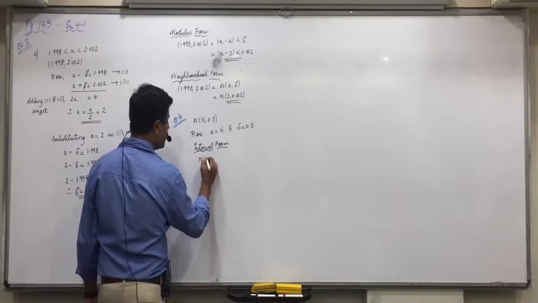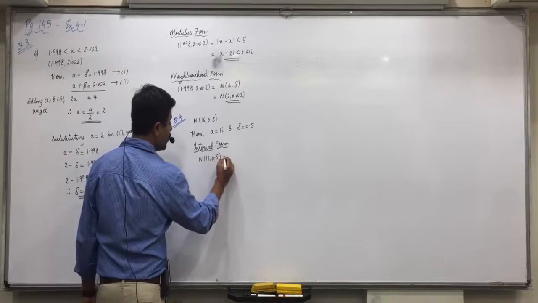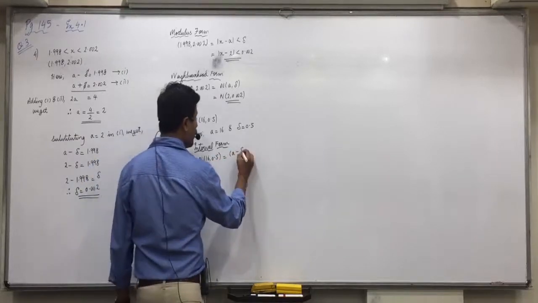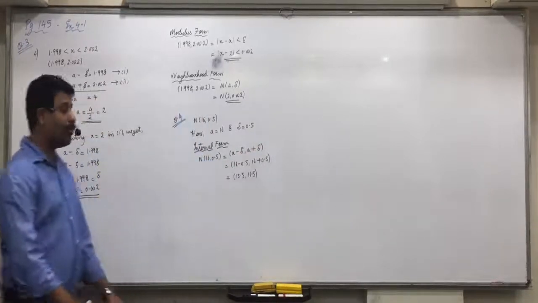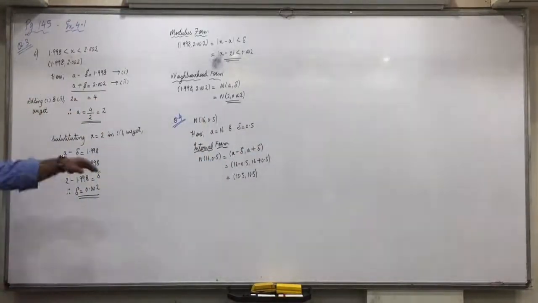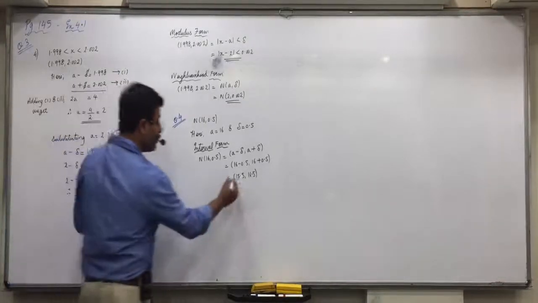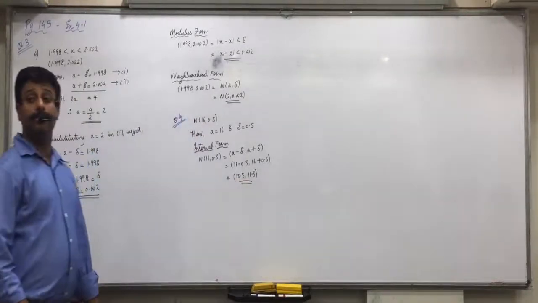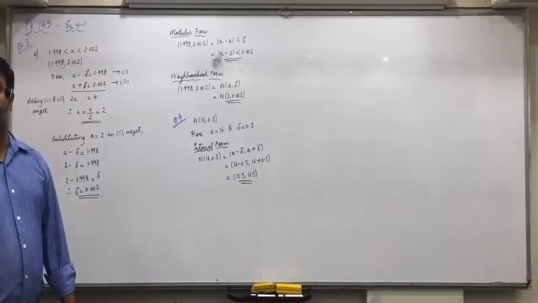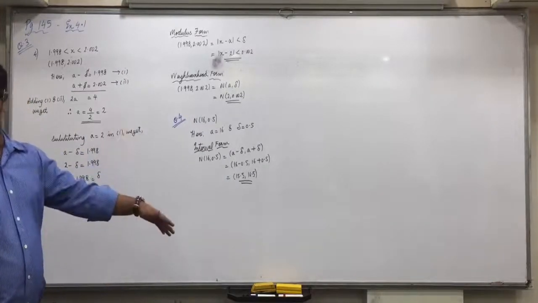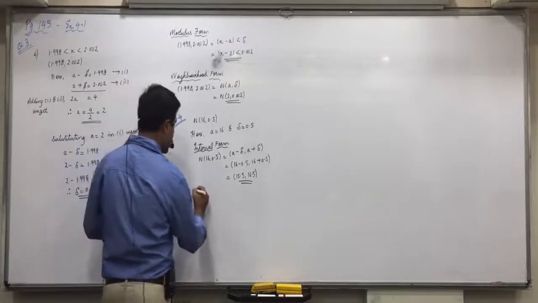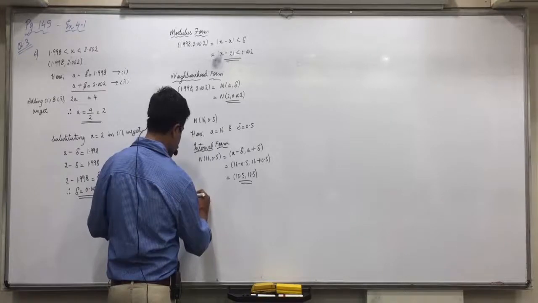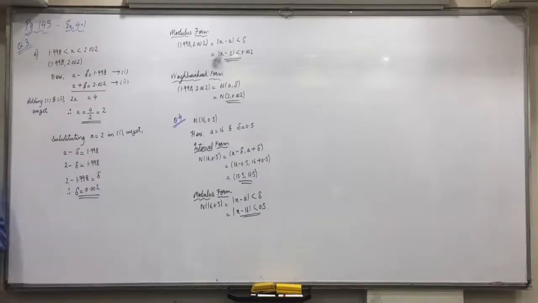First of all, N of 16, 0.5 equals a minus delta, a plus delta. 16 minus 0.5 is 15.5, 16 plus 0.5 is 16.5. What is the meaning of this? X is between 15.5 and 16.5, these two values not included. Open interval. And second, we are asked to find the modulus form, less than 0.5. Is everyone clear with this?